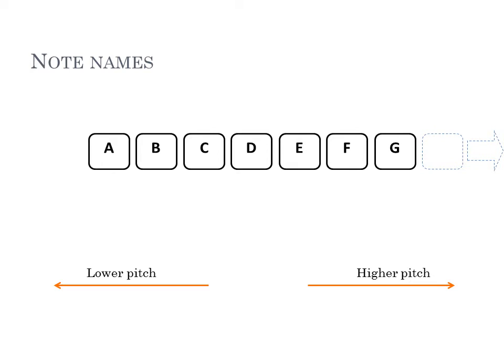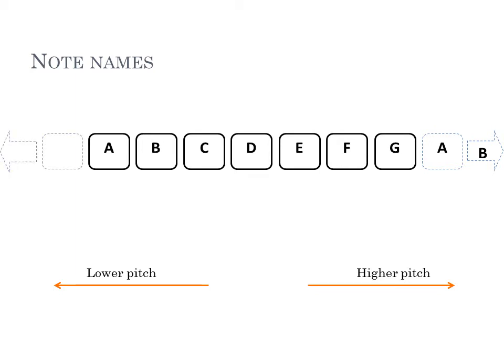So we get from A to G, and when we reach that and want to move on, all we do is start over. That is called the next octave. We go from one octave to the other simply by starting over.